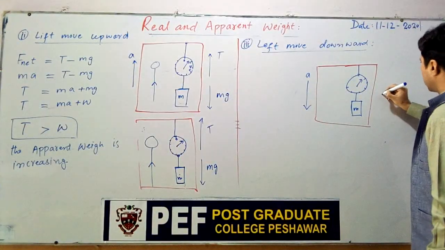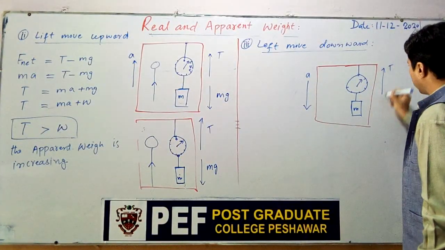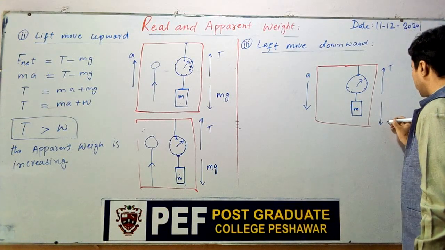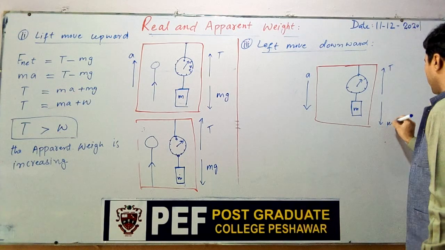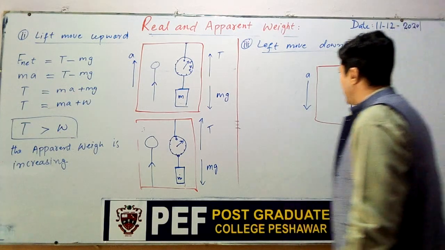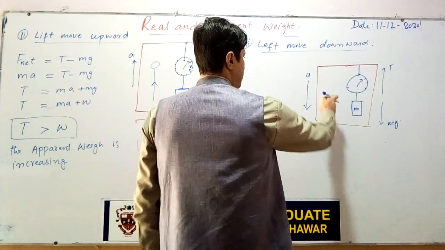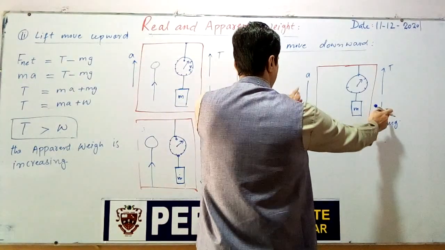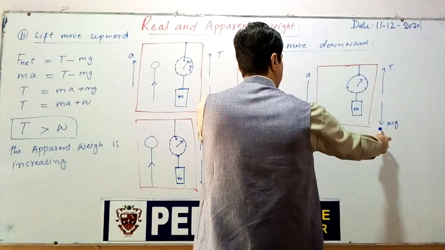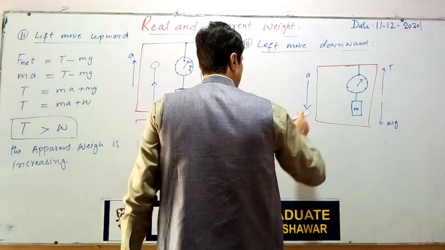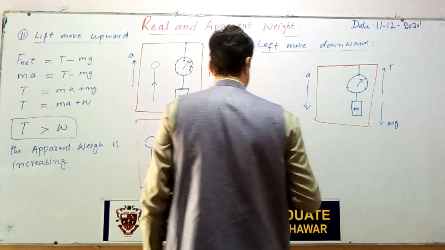Similarly, the tension in the string will be in upward direction and the weight of the object mg will be in downward direction. So in this case, the force because of this acceleration plus the weight of the body will be added. So this weight will be greater in this case.